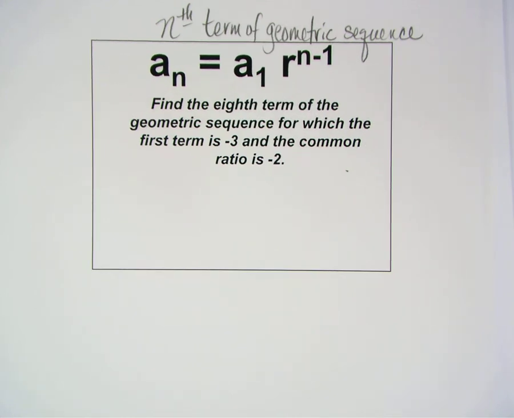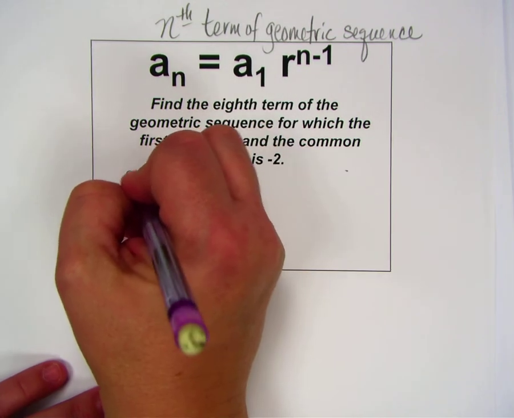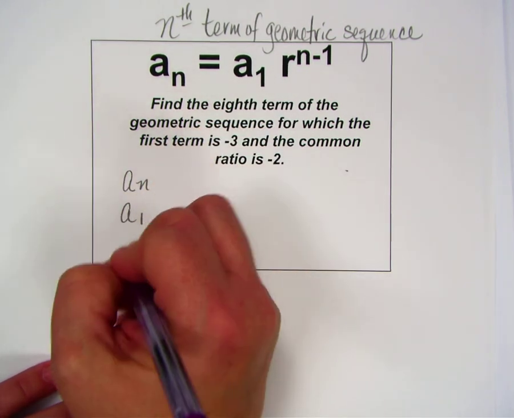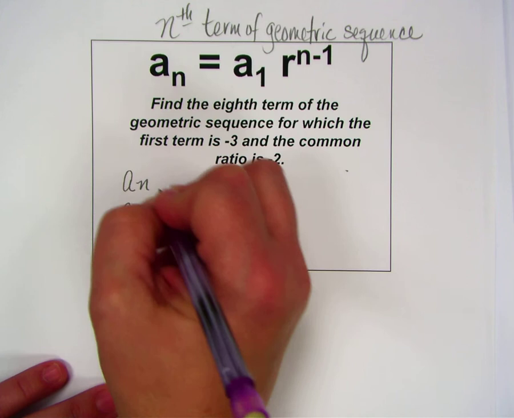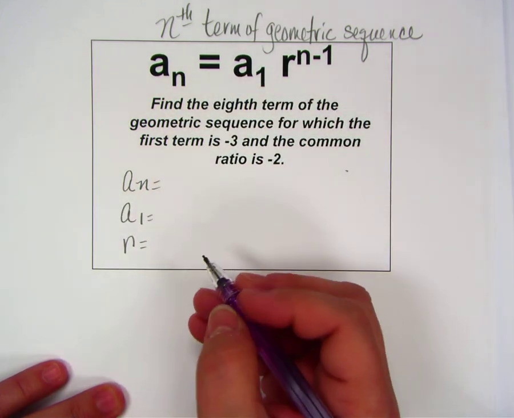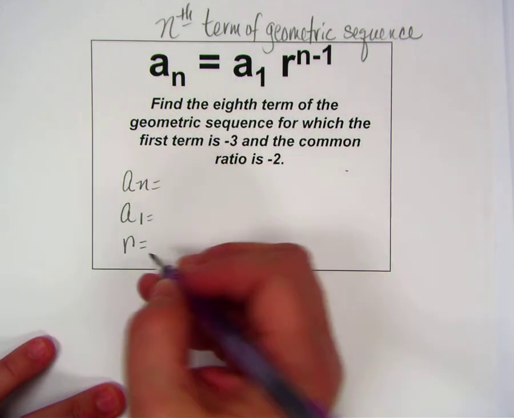On this problem, it says find the 8th term of the geometric sequence for which the first term is -3 and the common ratio is -2. So I'm going to write down all the variables in this problem.